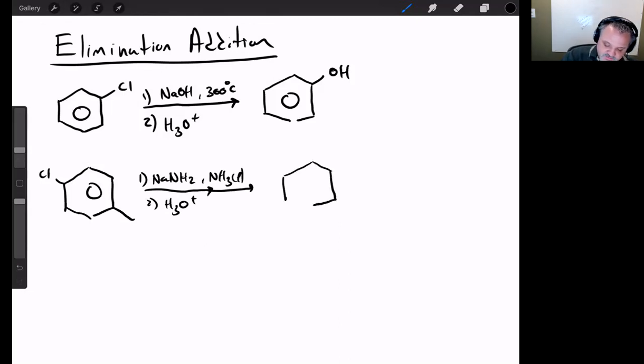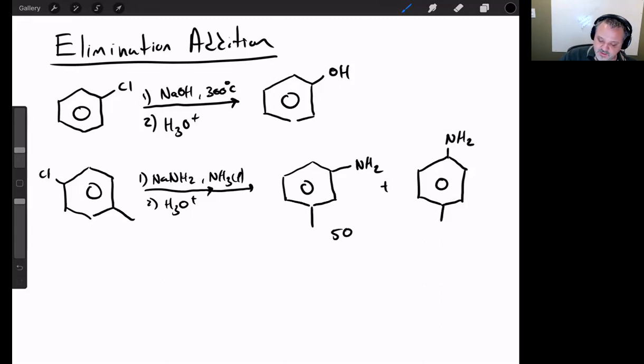This is why it's not synthetically useful. In other words, I don't think we could use it to solve synthesis problems, because we get essentially a 50-50 mixture of the meta product and the para product.